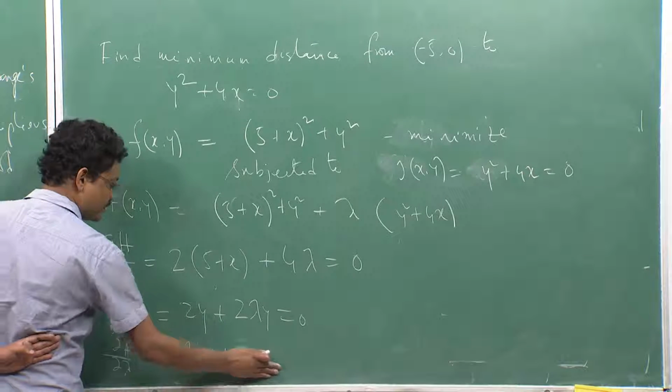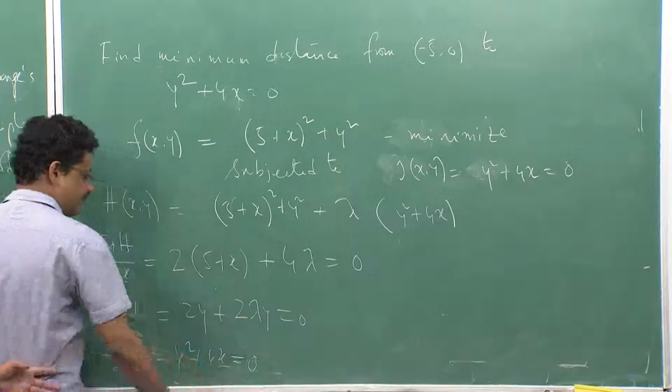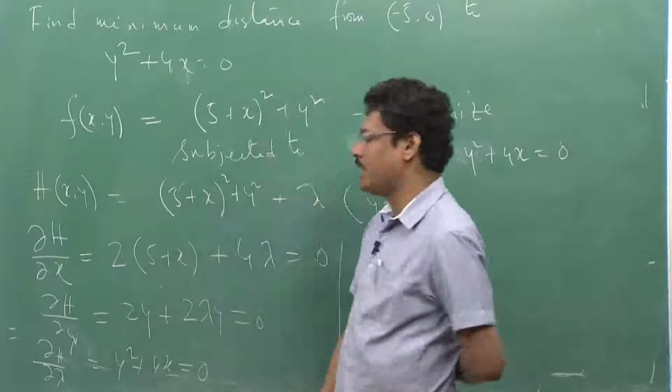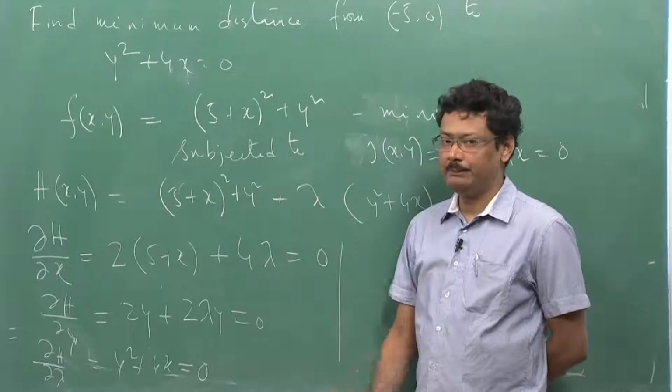We will get back the equation of g equal to 0. From those 3 equations I have to solve for x, y and lambda.